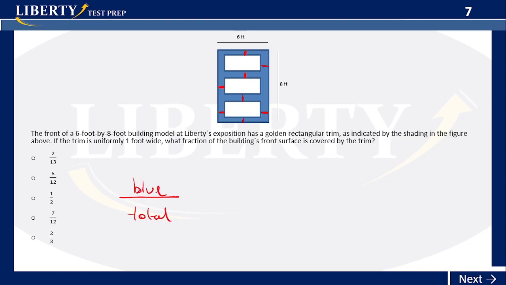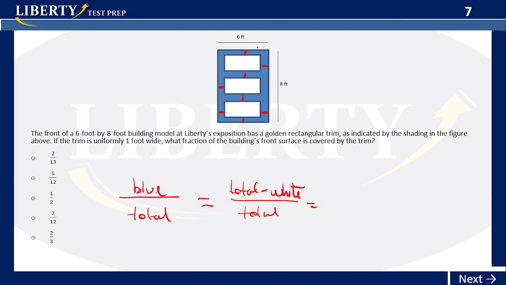Now, getting the area of the blue trim or the golden trim is a little difficult. So what we're gonna do is we're gonna get it through the complement. Total. Here we're gonna say total minus the white portions, right? Because if you get the total minus the white portions, that gives you the blue. So I believe that's going to be a faster way to do it.